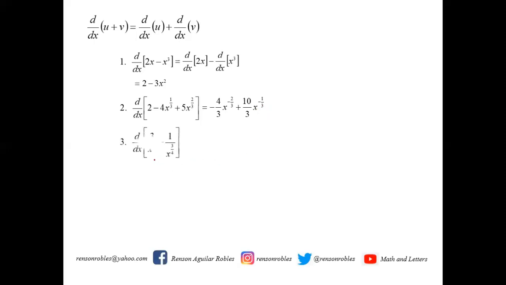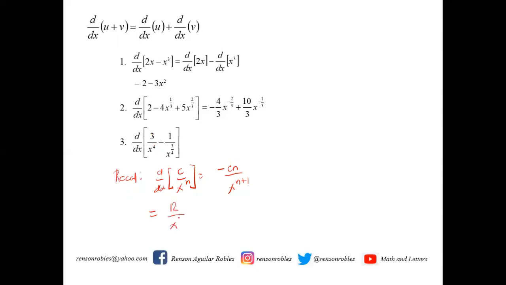Next. So we shall look for the derivative of 3 all over x to the 4 minus 1 all over x raised to 3/4. Again, you shall recall that the derivative of c over x to the n is equal to negative cn all over x raised to n plus 1. So the derivative of 3 all over x to the 4 is 4 times 3, that's 12, all over x.